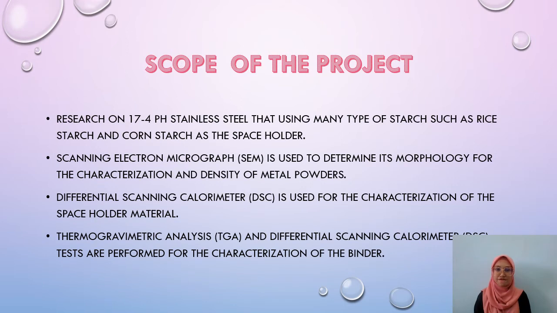The scope of this project is research on 17-4 PH stainless steel using many types of starch such as rice starch and cornstarch as a space holder. Scanning electron micrograph (SEM) is used to determine the morphology for the characterization and density of metal powders.